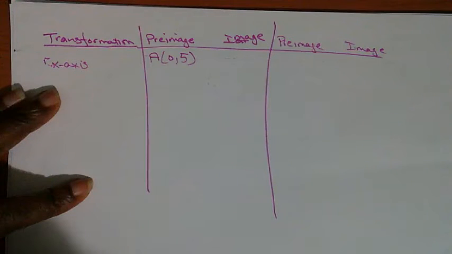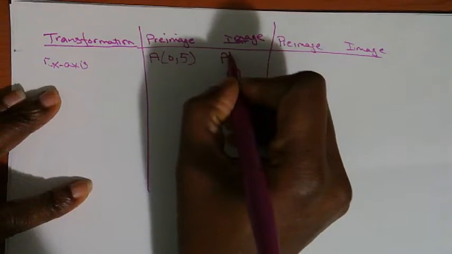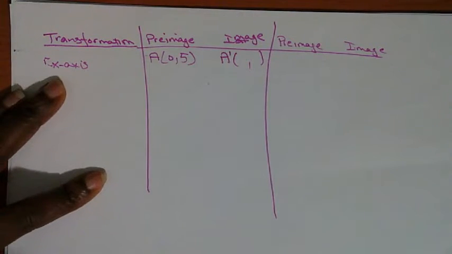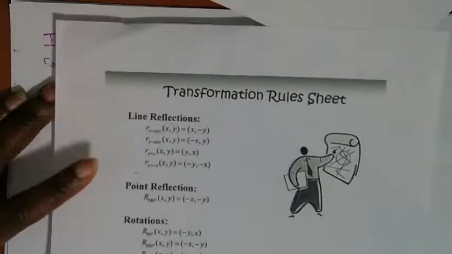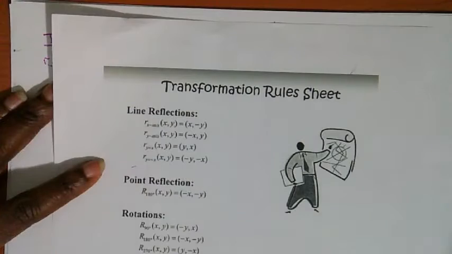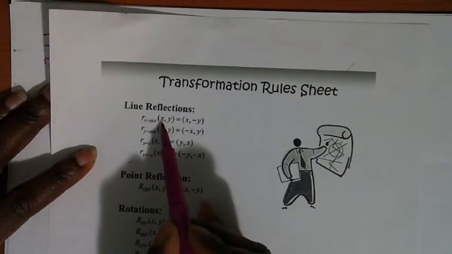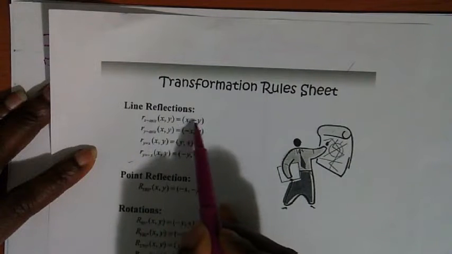So my pre-image is 0, 5, and I need to find the image of that same coordinate point under the reflection over my x-axis. The rule sheet says (x, y) goes to (x, negative y).